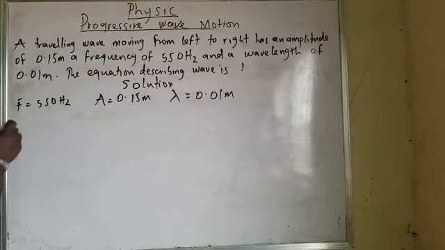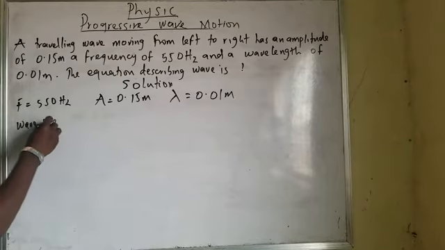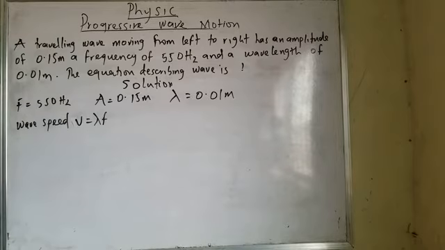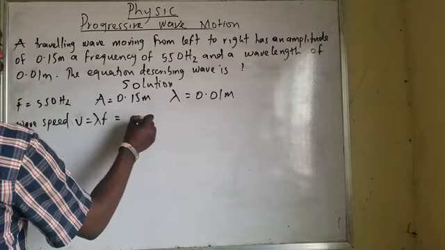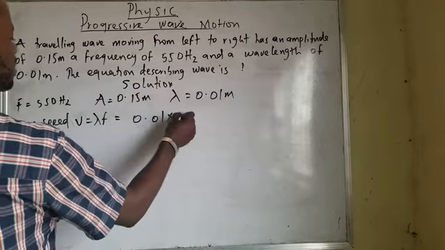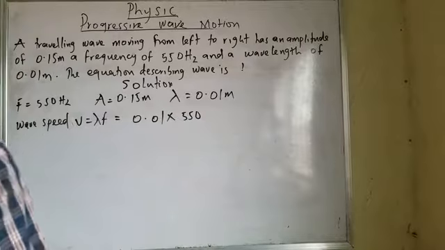Wave speed, which is my v, will be equals to 0.01 multiplied by frequency 550.